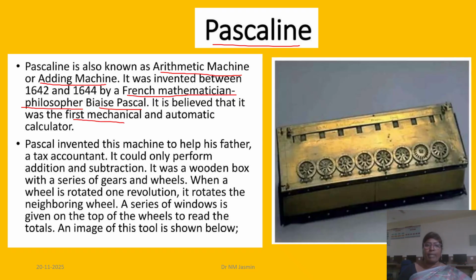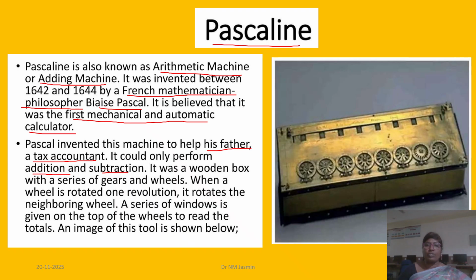This was the first mechanical and automatic calculator. Pascal invented this machine to help his father, who was a tax accountant. It could only perform additions and subtractions.